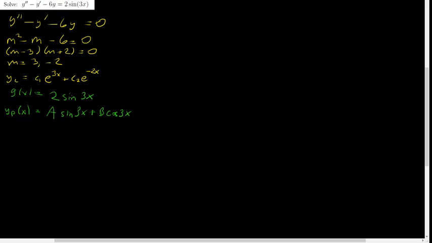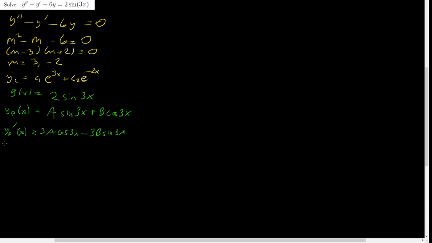All right, so now what? We have the complementary solution, and now we have our guess for the particular solution. We need to plug this into the left-hand side up here, which means I need both derivatives. Let's take the first derivative, yp prime of x. These are all functions of x for now. The derivative will be 3a cosine 3x minus 3b sine 3x.